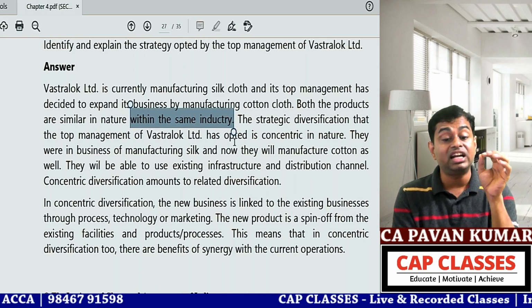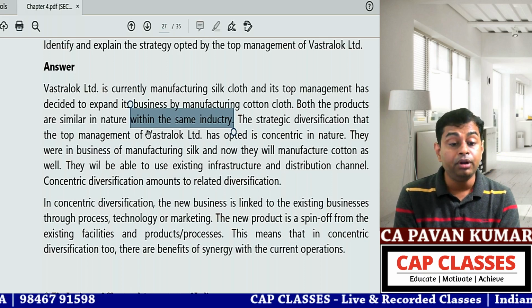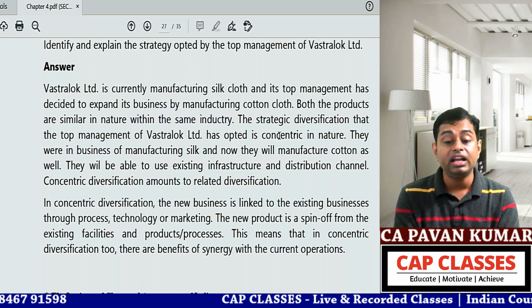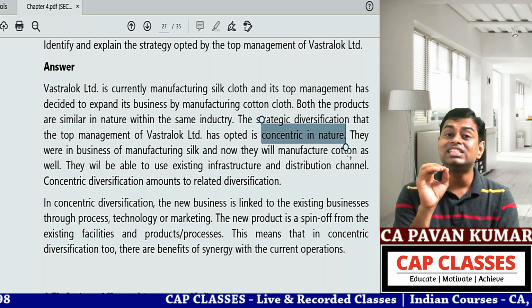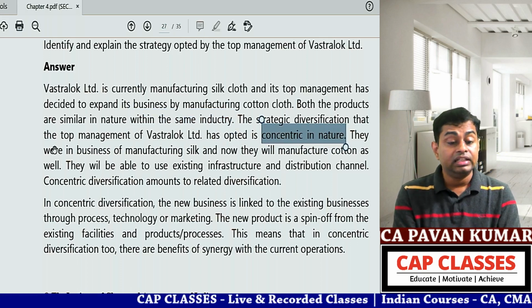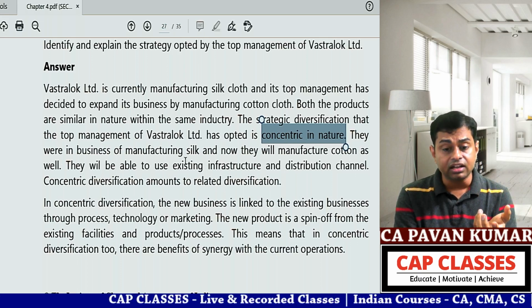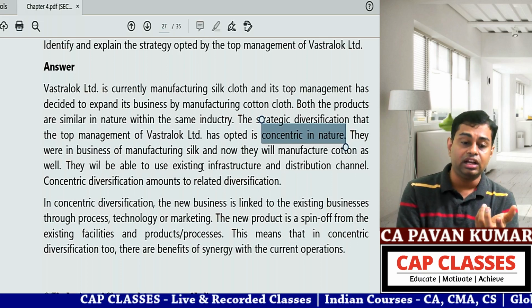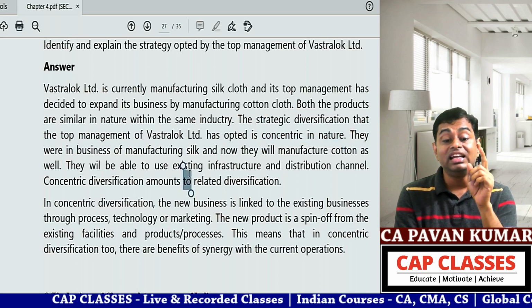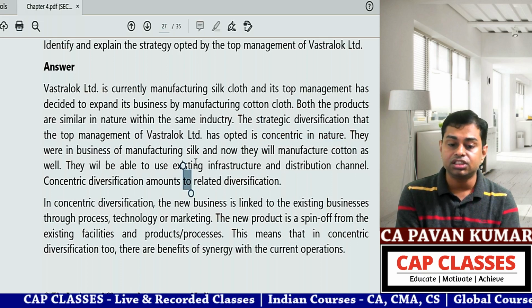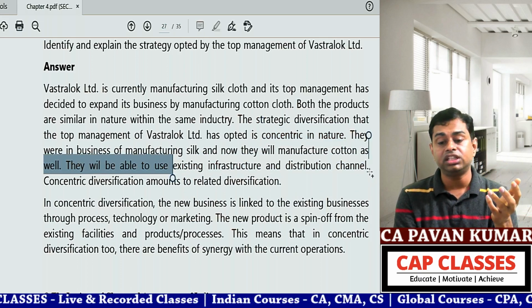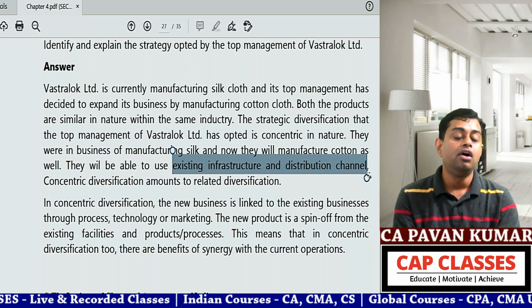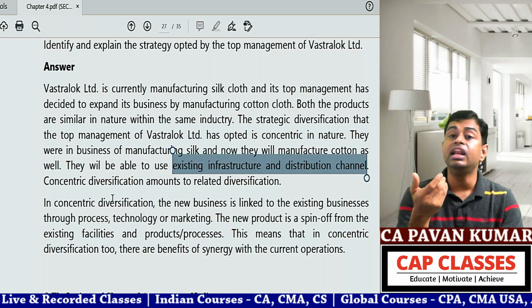The strategic diversification that the top level management of Vastralok has opted is concentric diversification. They were in the business of manufacturing silk. Now they will manufacture cotton as well. They will be able to use the existing infrastructure, existing sales team, existing distribution channels. Concentric diversification is related diversification.